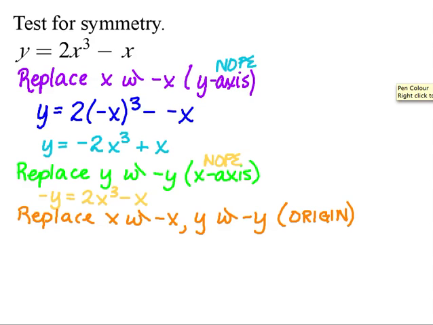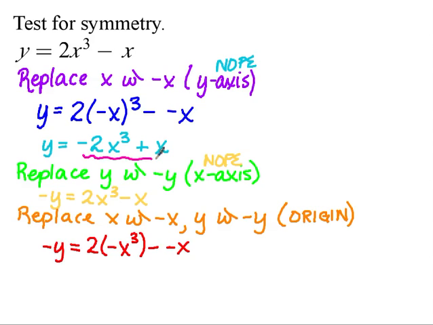So basically you're going to do both. So y becomes negative y, x becomes negative x. And so now I need to simplify. Now the nice thing is, if I were you, I would look back at some of the previous work you've done. You've already simplified the right side.